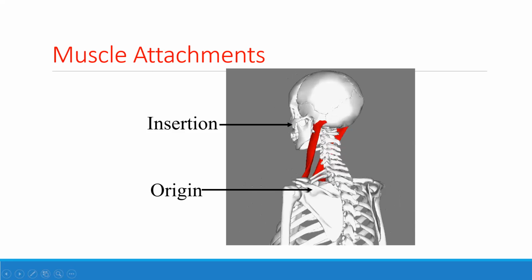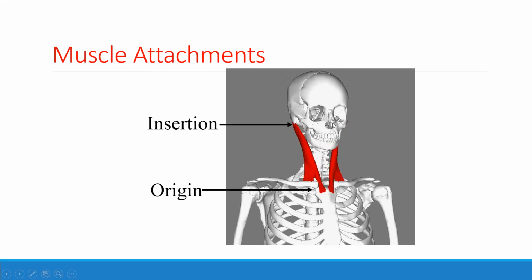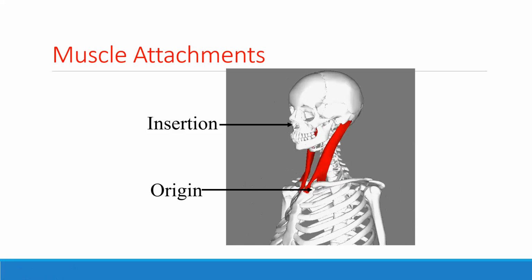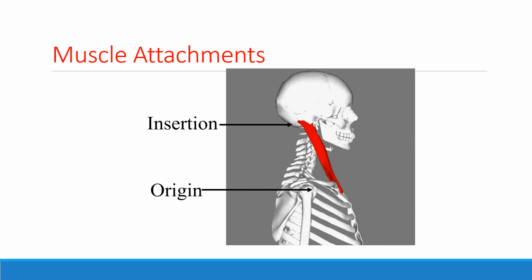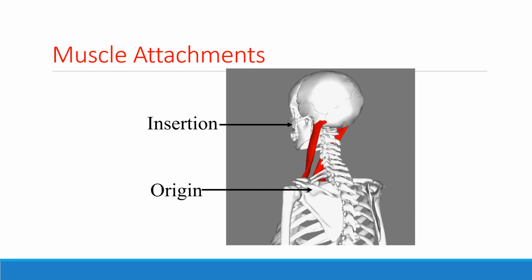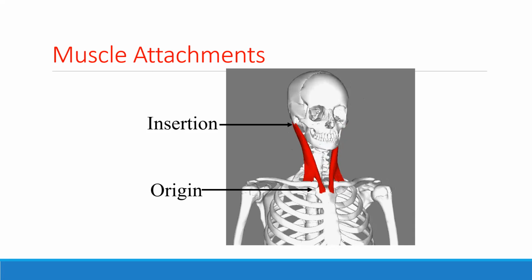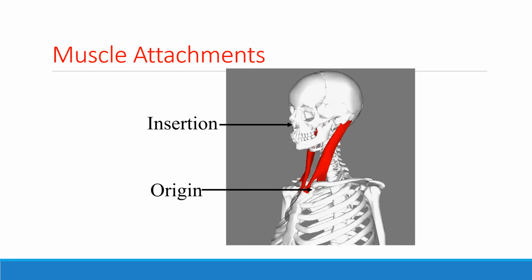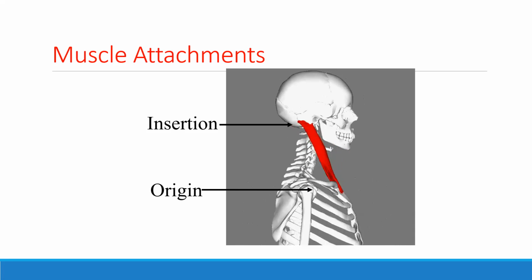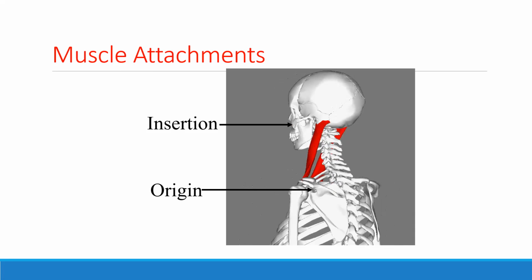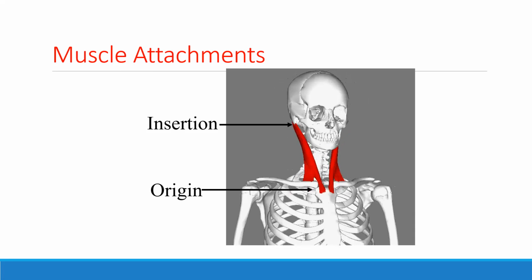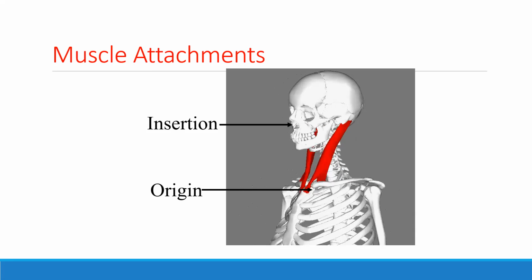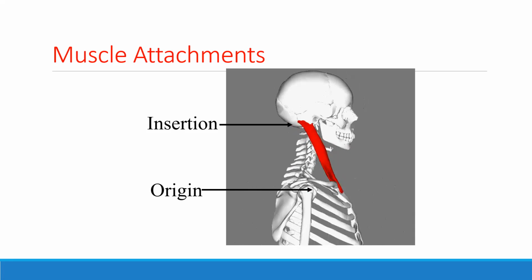The insertion is going to be on the mastoid process. Now, this particular muscle allows us to turn our head left and right. By pulling on the mastoid process on one side or the other, our head can turn to the left or to the right. So the mastoid process moves, but the origin doesn't. The sternum and the clavicle don't move, but the mastoid process does. And our action is turning our head left, turning our head right. And if both muscles contract, then we move up and down.